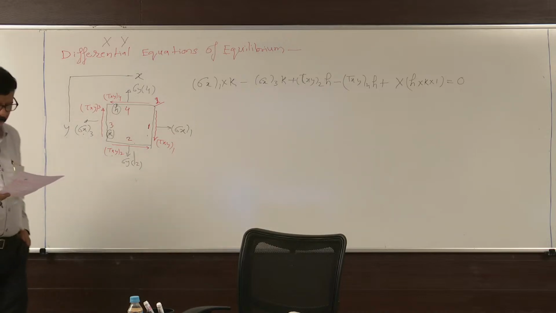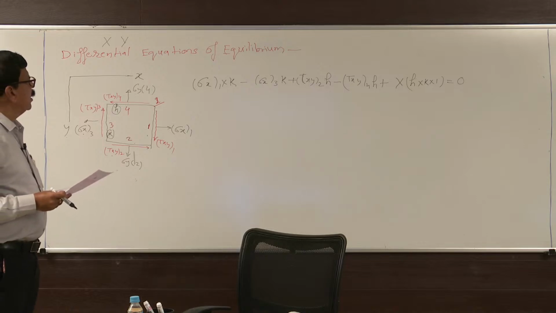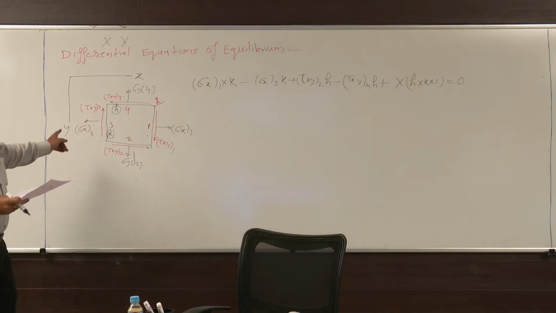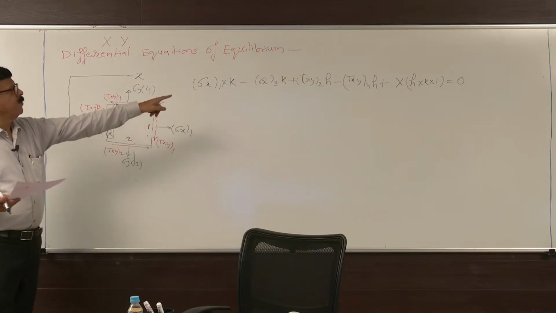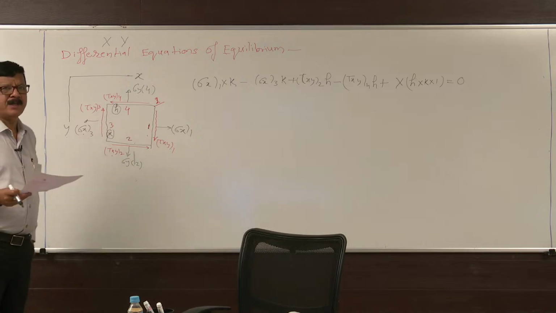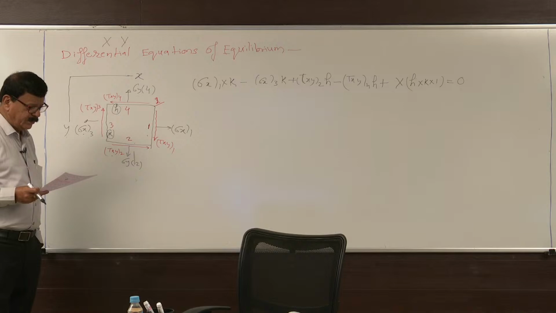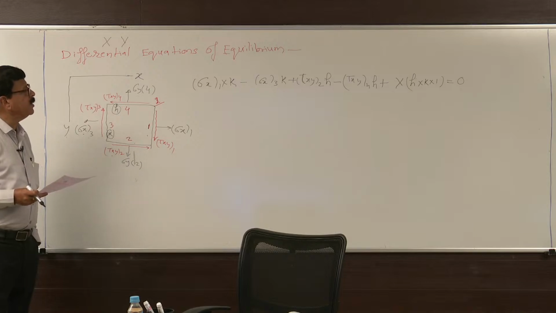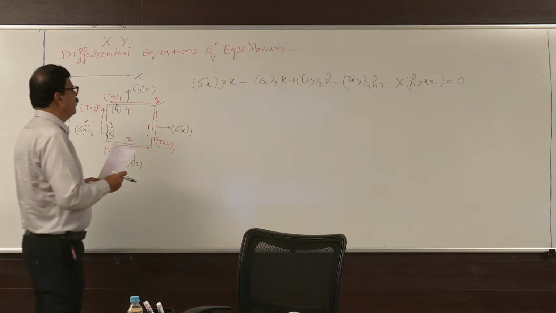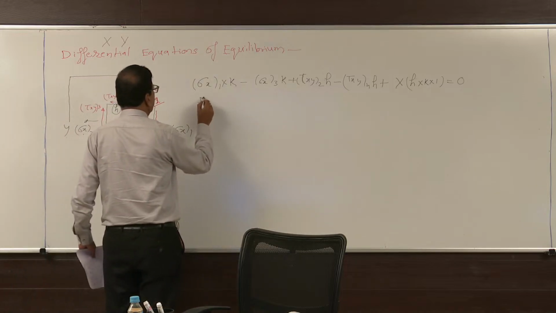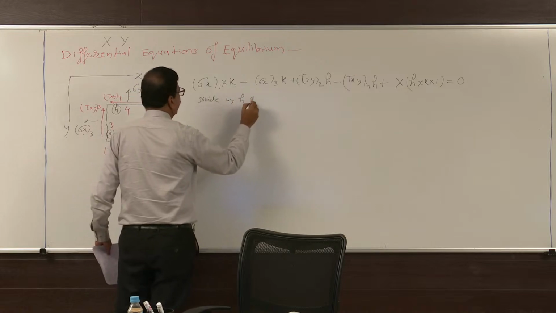Understood? All the forces acting in the x direction we write here with plus and minus signs. Now divide the equation by h and k.